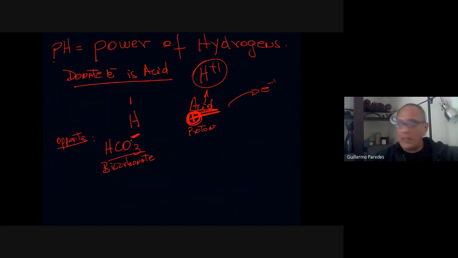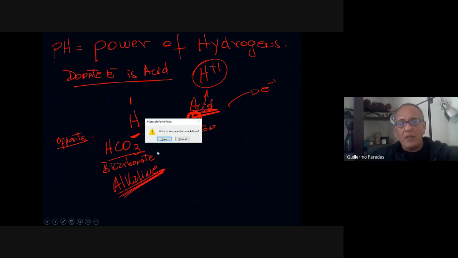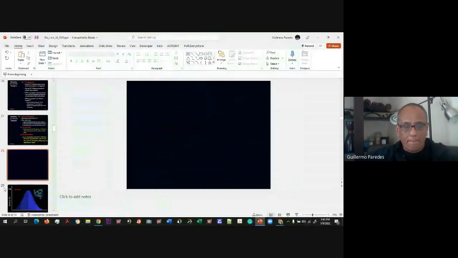So I can write it down in the exam, HCO3 negative or bicarbonate, whatever. This is the opposite of hydrogen. That is the alkaline. So we have two opposites, hydrogens and bicarbonate. We okay with that? Yep.